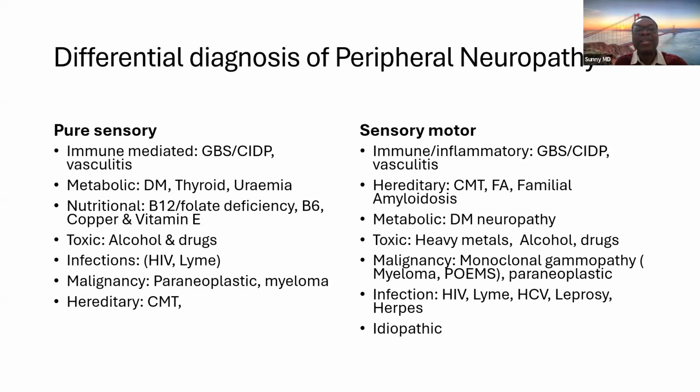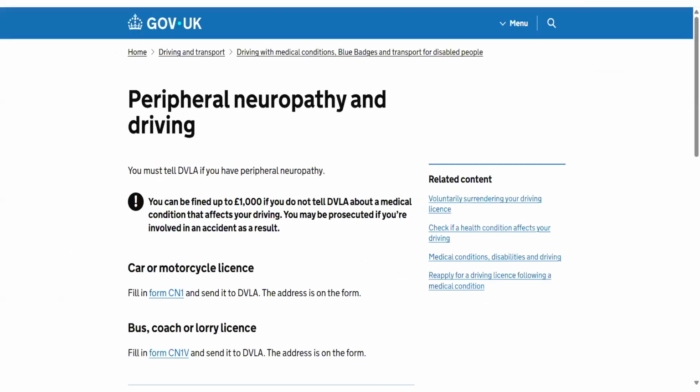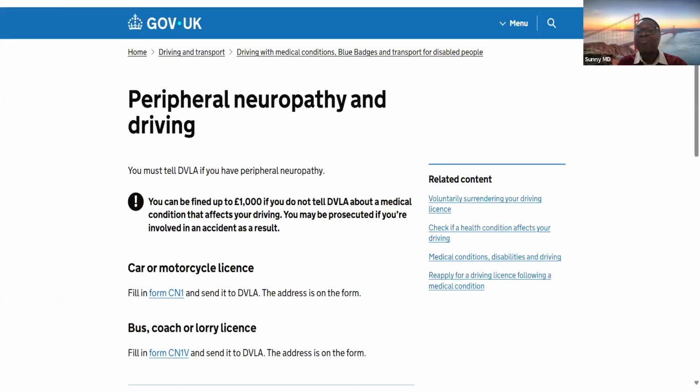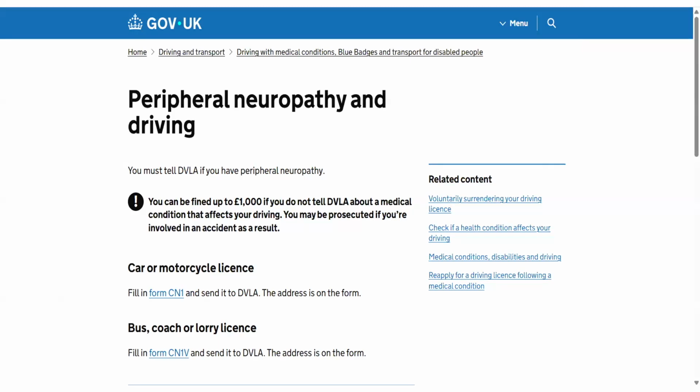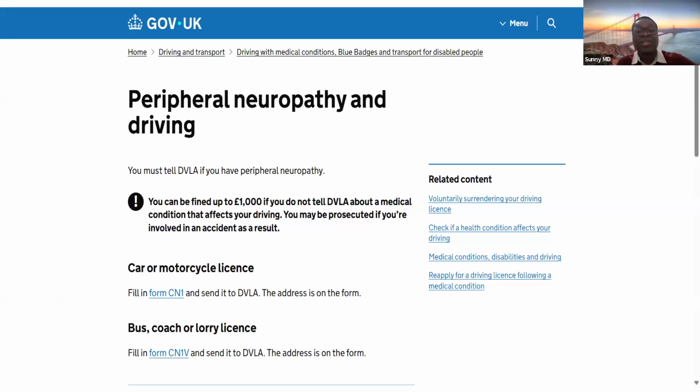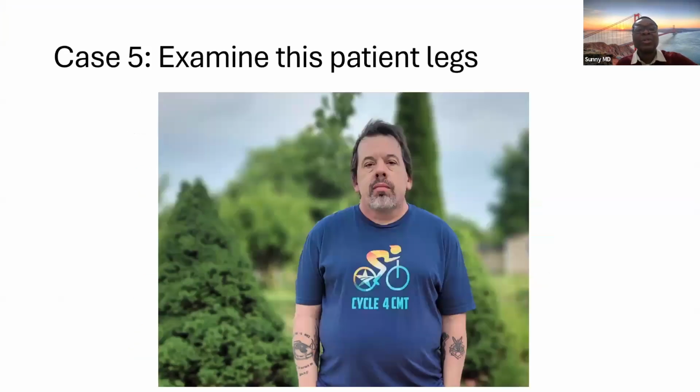And it makes sense, doesn't it? The patient can't feel his legs, can't feel the pedal. So tell the DVLA. I've included that a couple of years ago as a reason not to drive. If the patient has peripheral neuropathy, no driving. Good job.